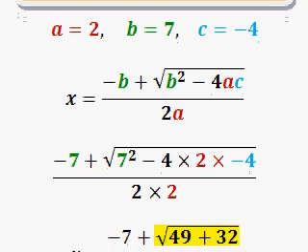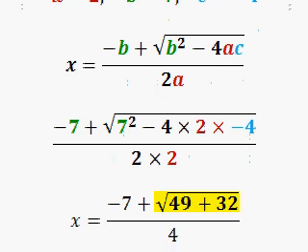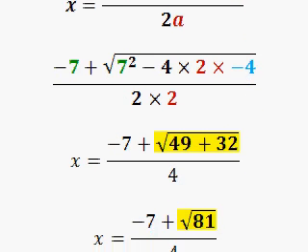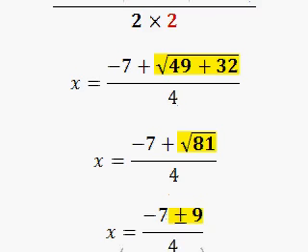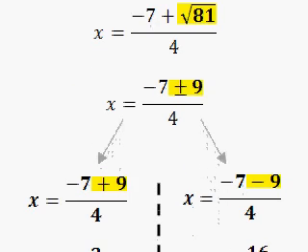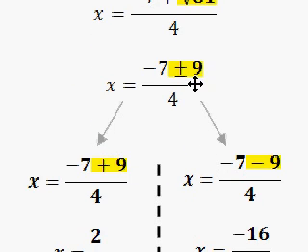When you do that, you get this. When you replace these letters with numbers, you get this. And you can see it's slowly simplified until we get to this stage, which has got two possible answers, +9 and -9.